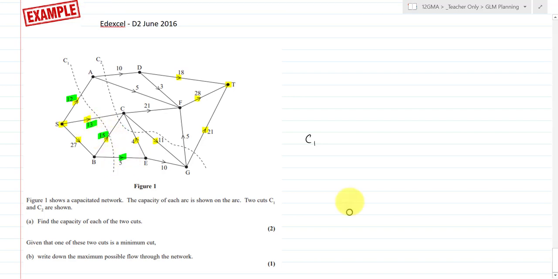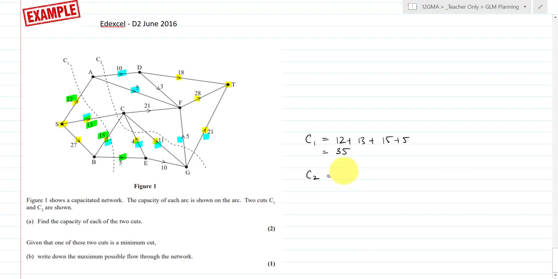And so my cut capacity here is 12 plus 13 plus 15 plus 5, which is 35. And C2, I've got 10, 5, 13, 15, 4, 11 is going the wrong way, 5 and 21.